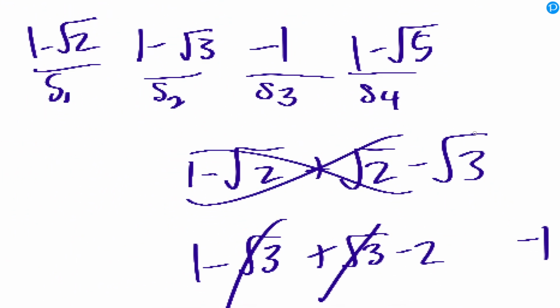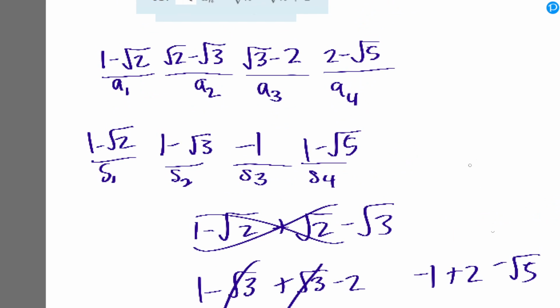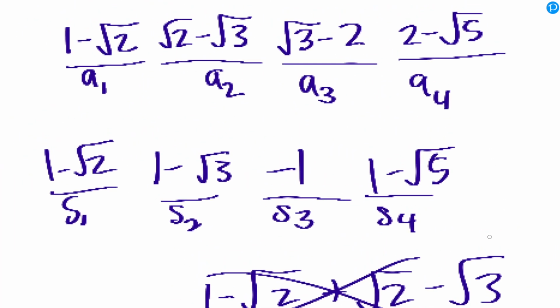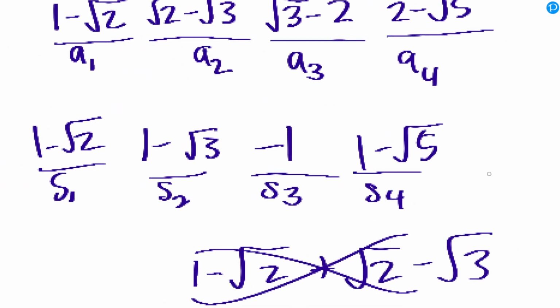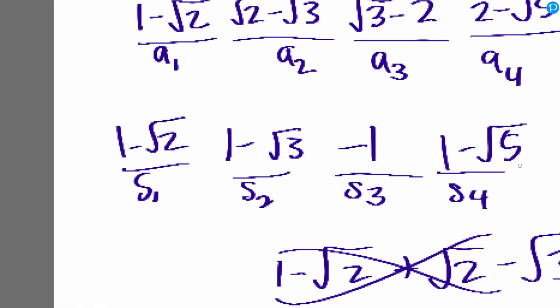To find a general term, hold on, we need to look for a pattern. So it looks like in every example we have a 1 minus the square root of n plus 1.